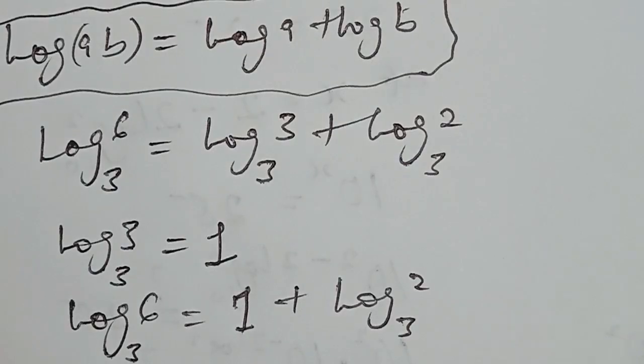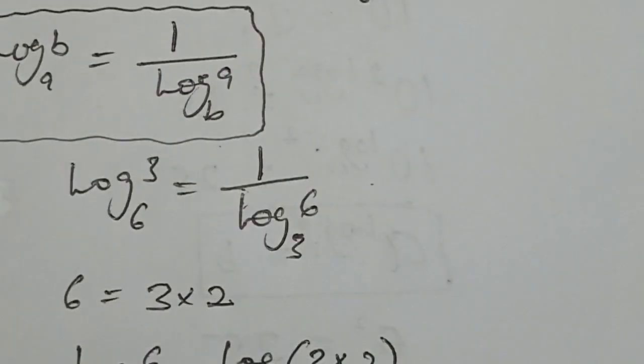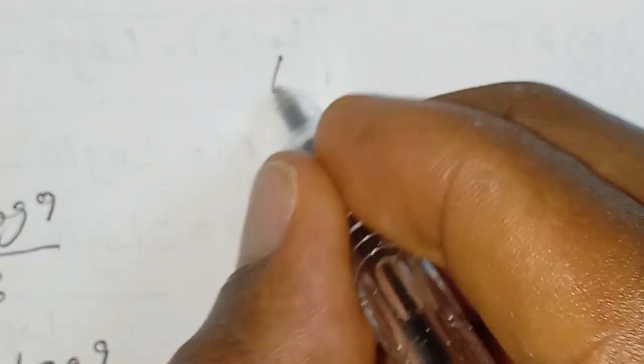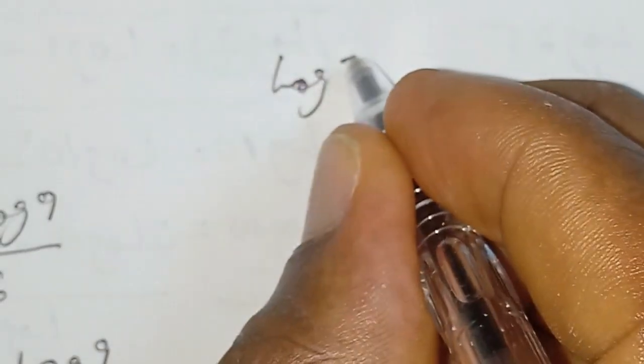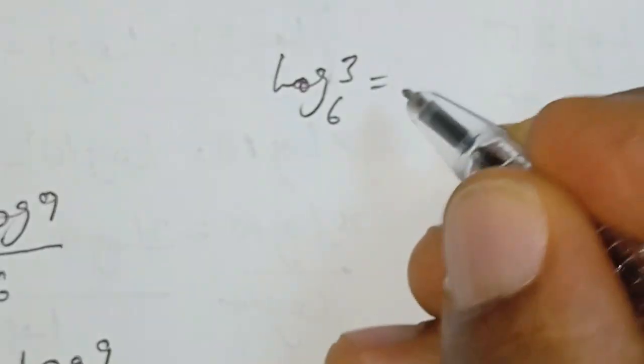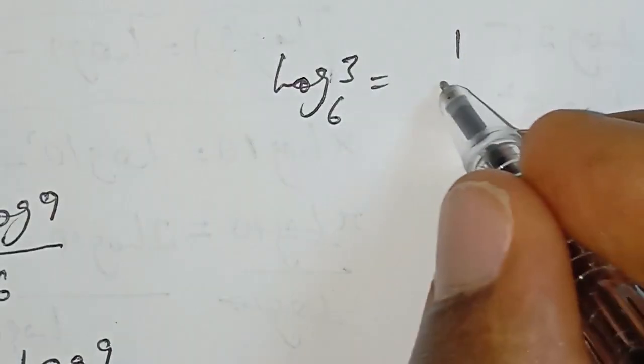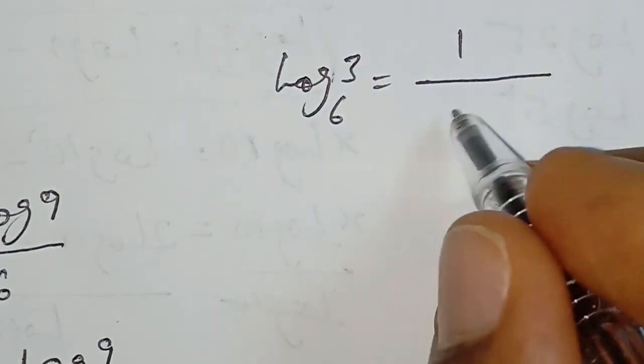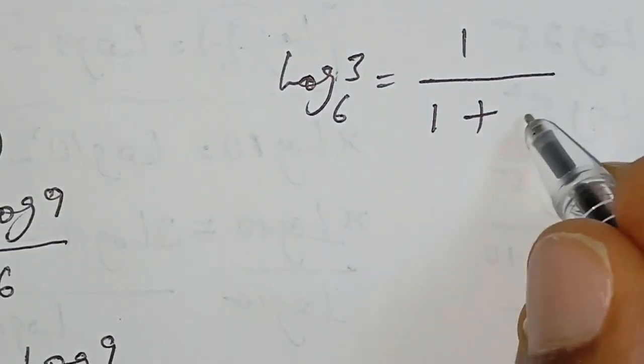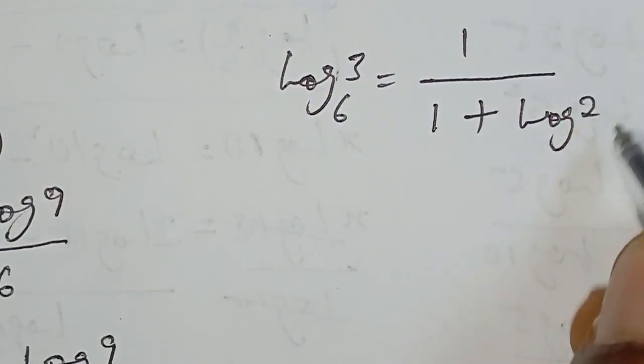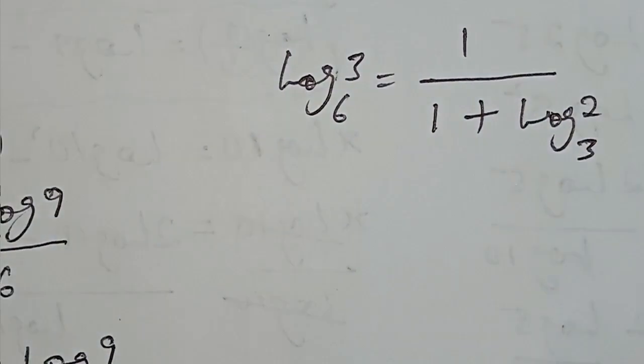Substituting this into what we have over here, log 3 base 6 can now be written as 1 over 1 plus log 2 base 3.